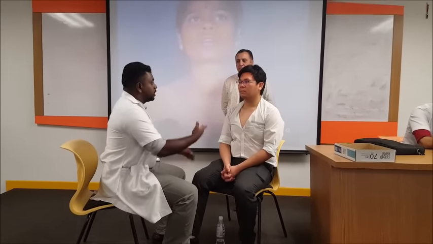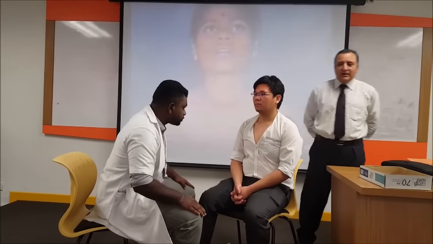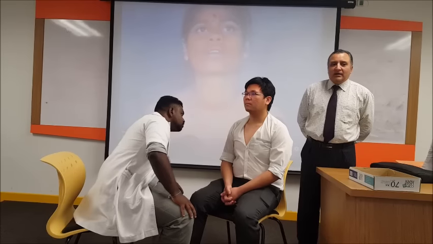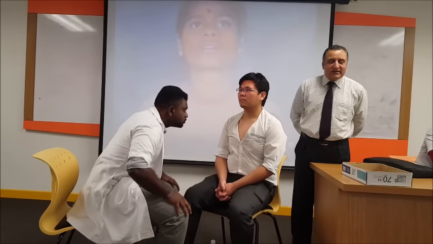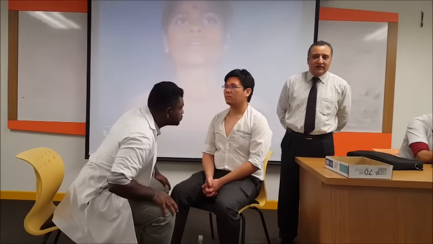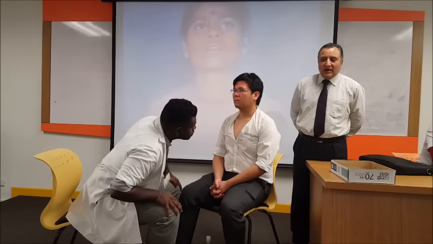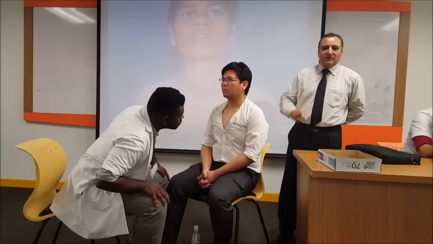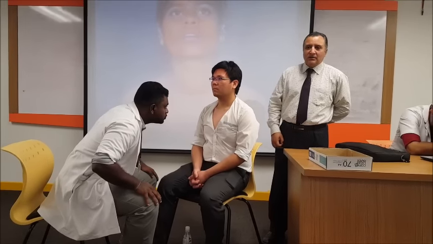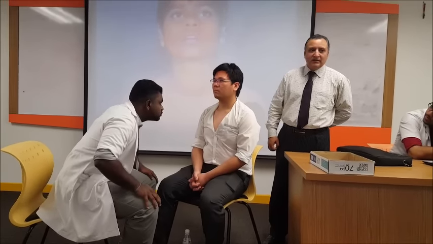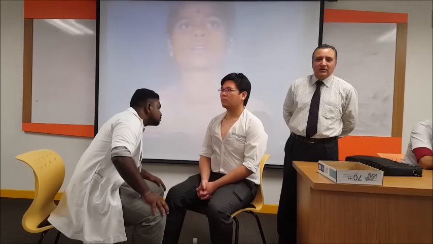First up, I would like to start with the inspection of your neck. So he is doing inspection of the neck. He has brought his eyes in line with the thyroid gland, seeing it from the front so that he can see it nicely.